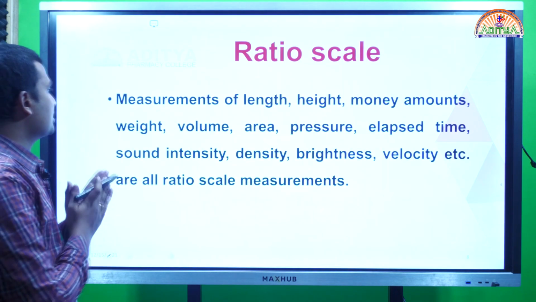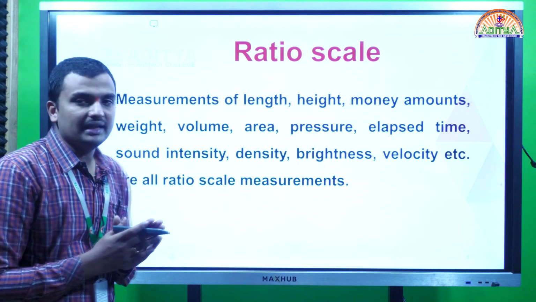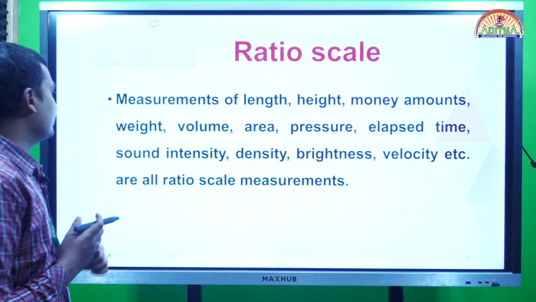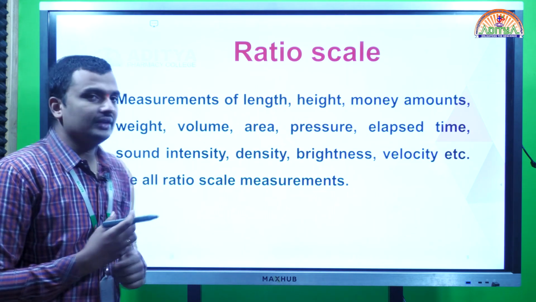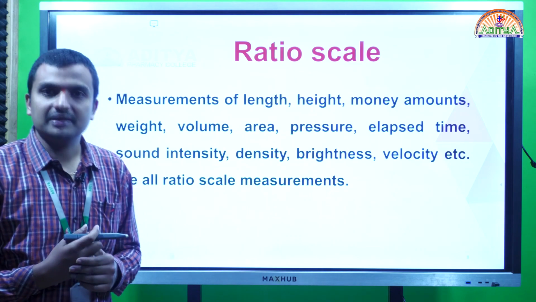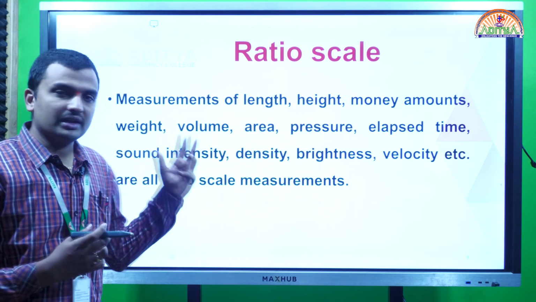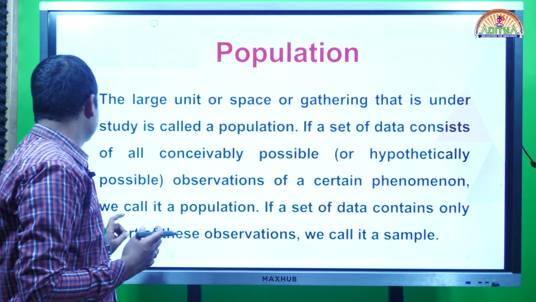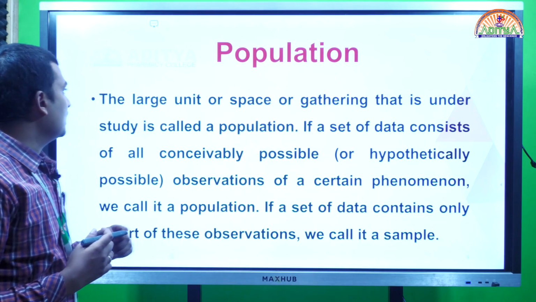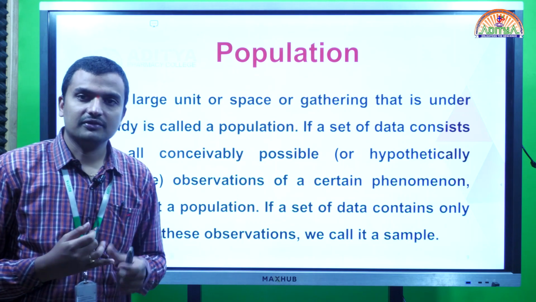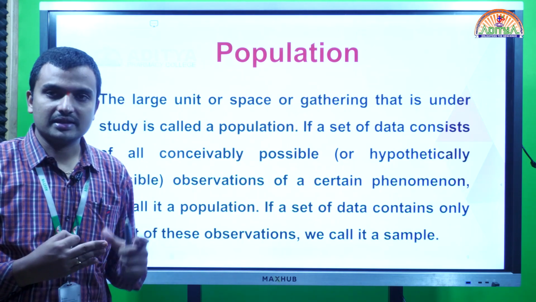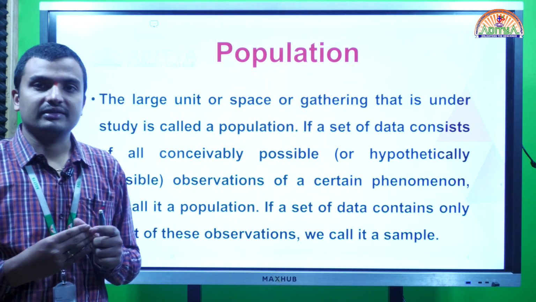Measurements of length, height, money, weight, volume, area and various amounts can be given the ratio scale. We have now discussed the nominal scale, ordinal scale, interval scale and ratio scale.